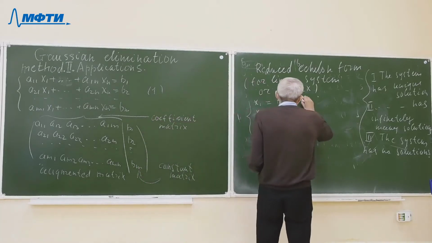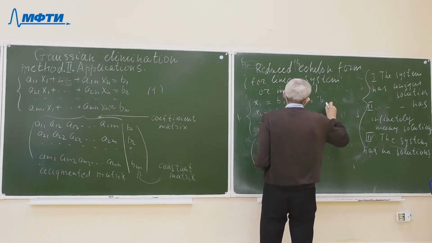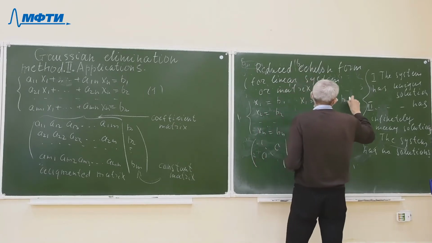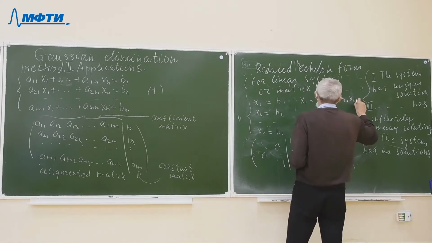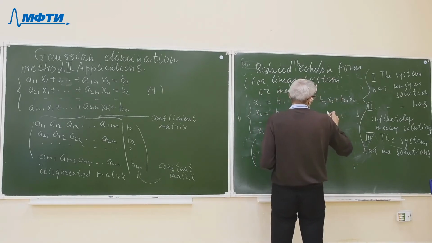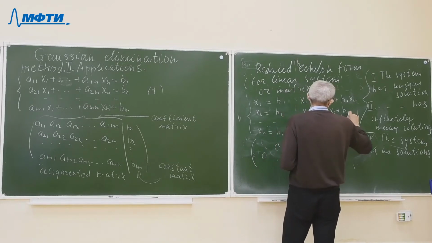For example, x1 is equal to b3 x3 plus b4 x4, x2 is equal to b prime 3 x3 plus b tilde 4 x4.